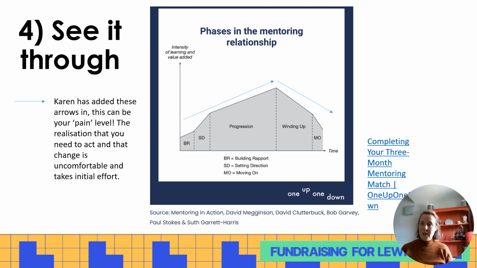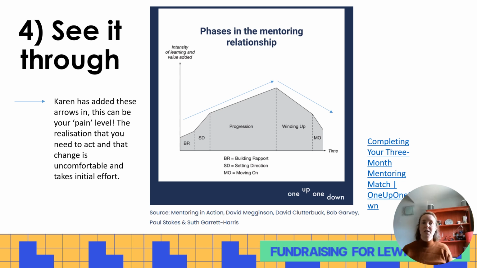But what I've added in here is the arrow of pain, because some people really enjoy that beginning phase, but at some point the rubber does hit the road and work needs to be done, and I can help, I can check over applications and things like that. But you need to make the decision as to whether you accept or reject the suggestions that I make to applications.